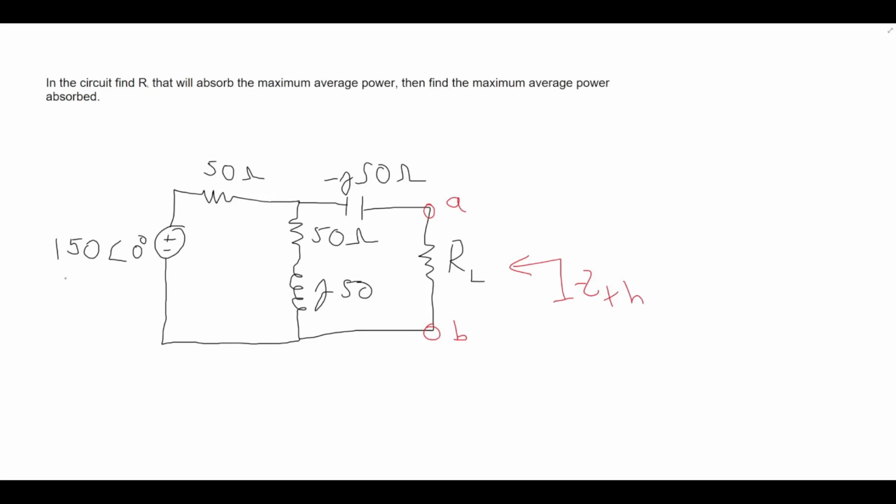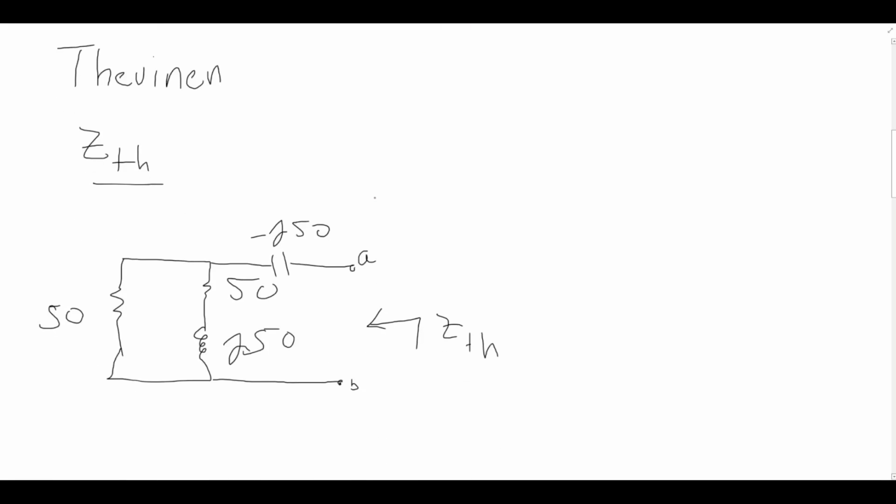Because we are given a voltage source, when finding the Thevenin resistance we are going to short it. When we do that, we create the following circuit with the voltage source shorted and the load resistance removed.